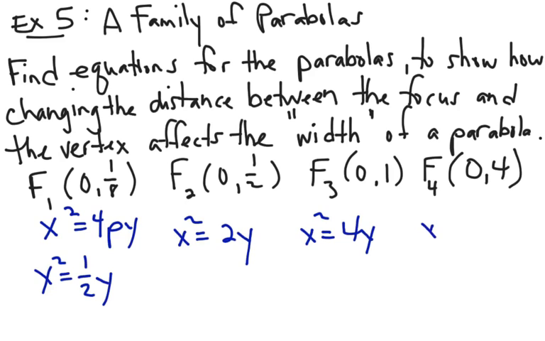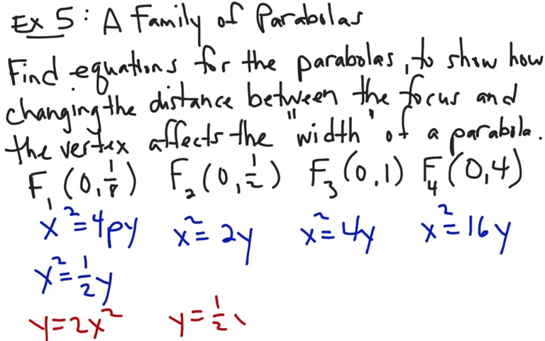And in the last one, x squared is going to equal 4 times 4 times y. Now, if I wanted to graph these in my graphing calculator, I would have to graph 2x squared, 1/2 x squared, 1/4 x squared, and 1/16 x squared.